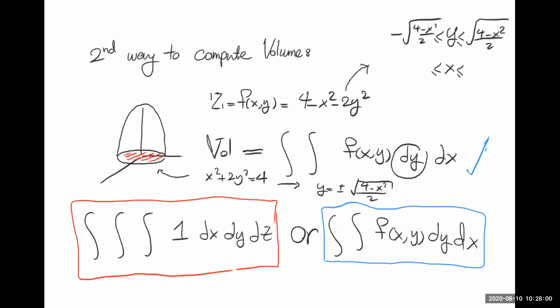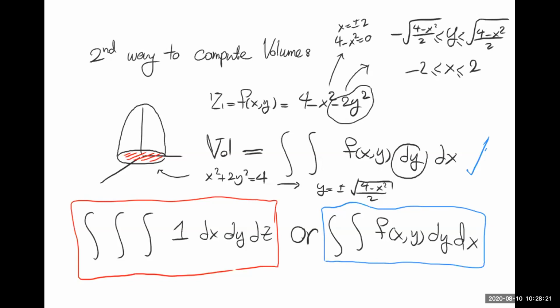And for the bounds for x, I should just ignore y. If I ignore y, I would get 4 minus x squared. And if I set that to be equal to 0, I would get x is equal to plus or minus 2. So those would be the bounds for x.